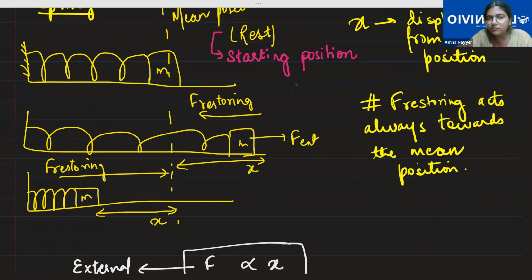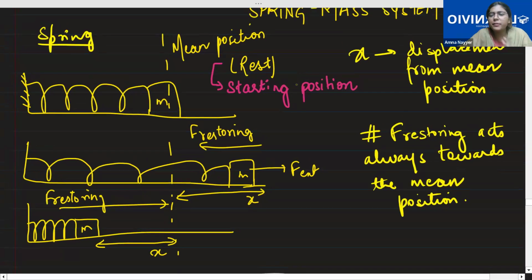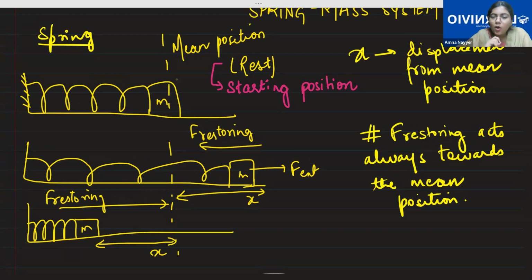See, whenever in nature anything is disturbed from its original state, nature has a mechanism to bring it back to its original state. So external force is any force that is from outside the system, like let's say I am there and I am pulling the block, so that becomes the external force. But since I have disturbed the system, which was stable at its mean position, the external force has disturbed it.